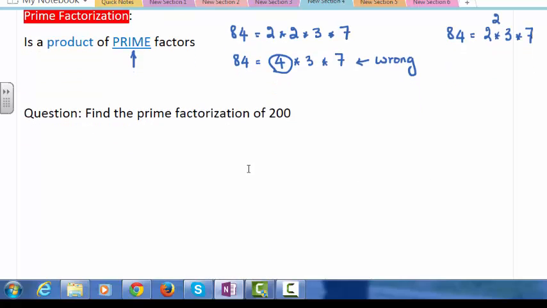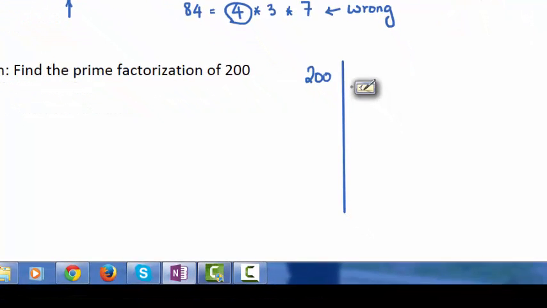Question: find the prime factorization of 200. Again, we're going to write the number and create a line. 200: can I divide 200 by 2, the smallest prime number? Yes, it means 100.